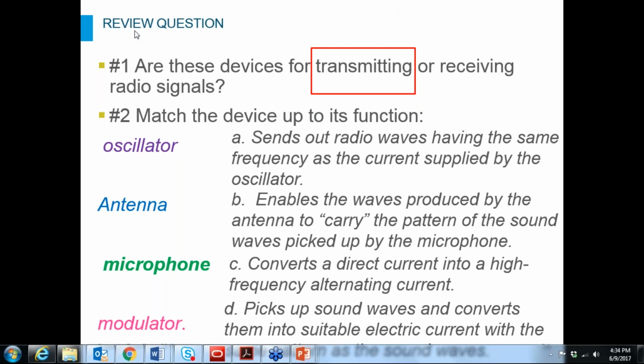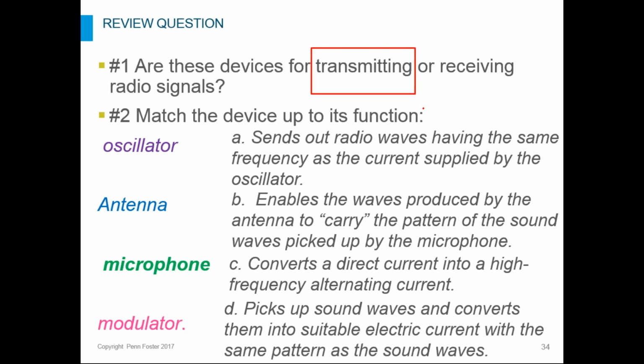B, which one enables the waves produced by the antenna to carry the pattern of the sound waves picked up by the microphone? C, which one converts a direct current into high-frequency alternating current? And D, which one picks up sound waves and converts them into a suitable electronic current with the same pattern as the sound waves?